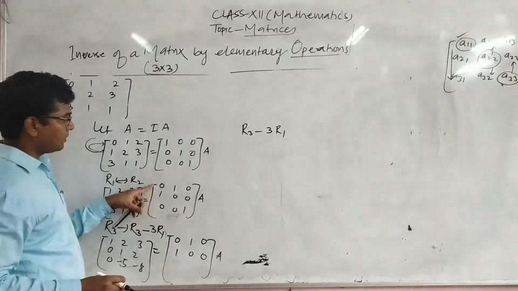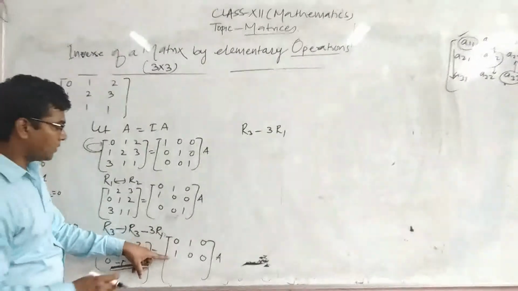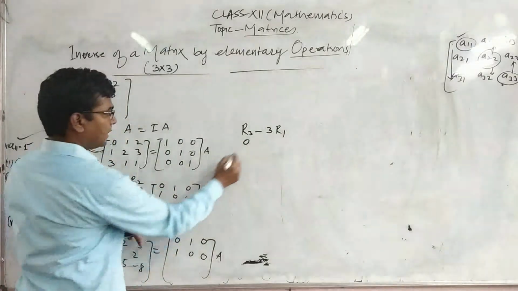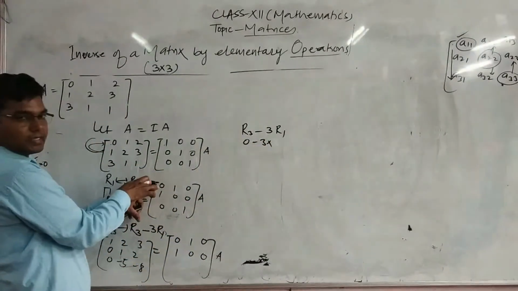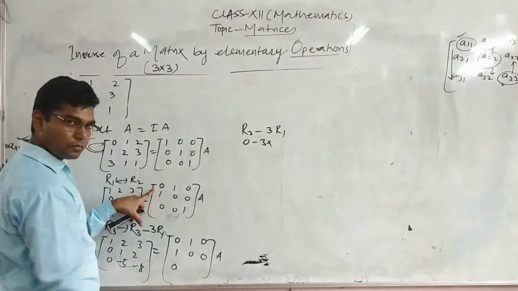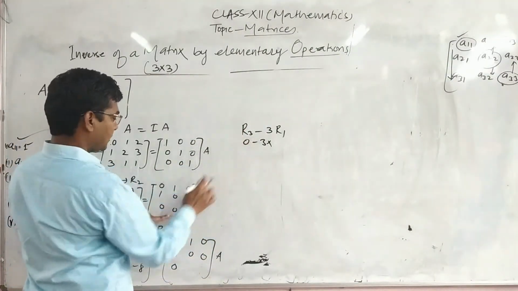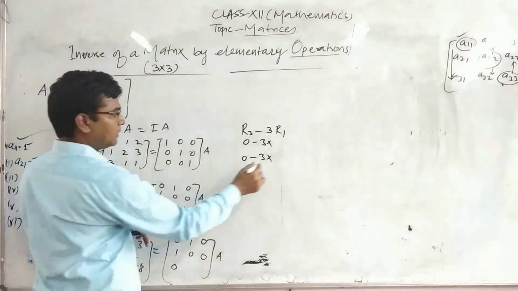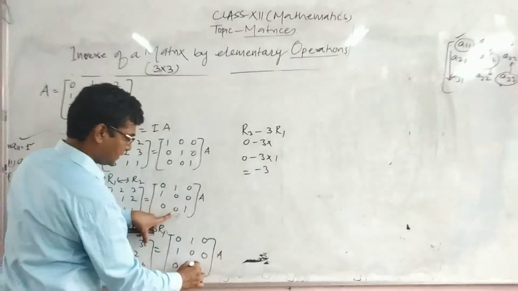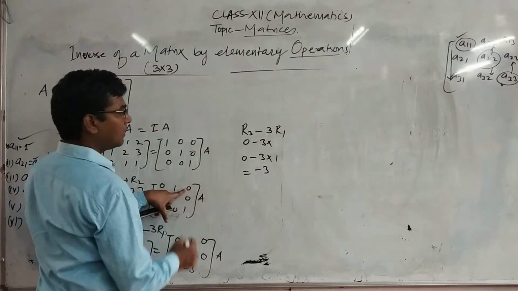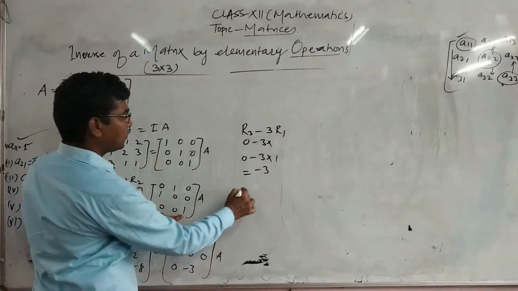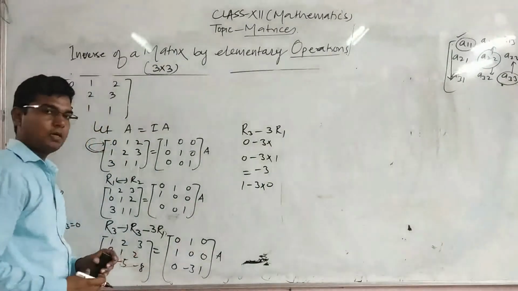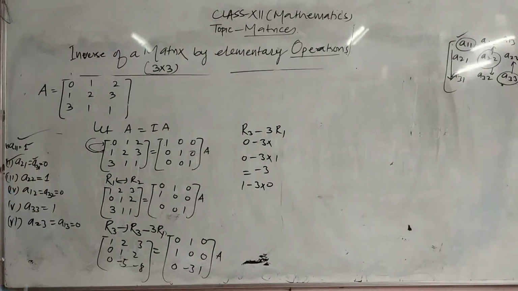Here R3 is 0, then 3 times the corresponding element is again 0, so it will be 0. Then R3 is again 0, but R1's corresponding element is 1, so it will be minus 3. Again the R3 element is 1 and 3 times R1's is 0, so it will be 1. Okay. So step number 2 is clear.